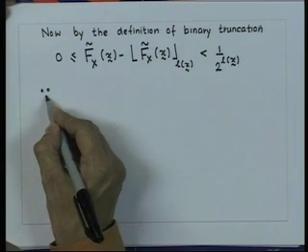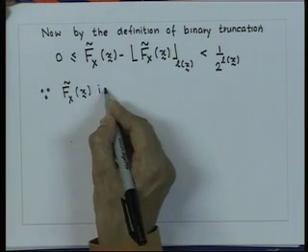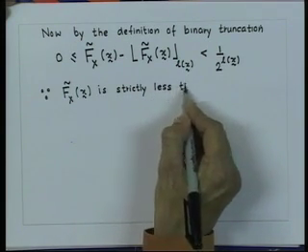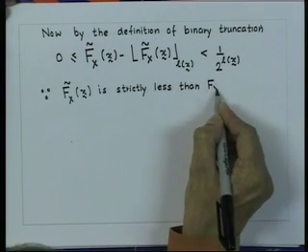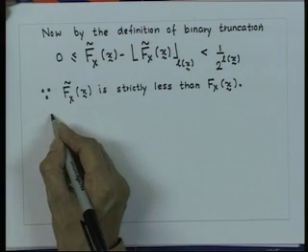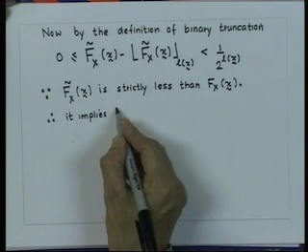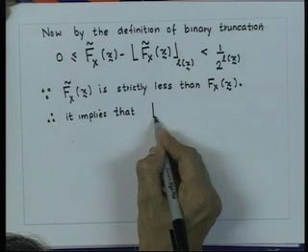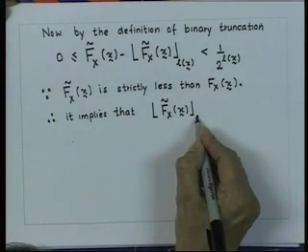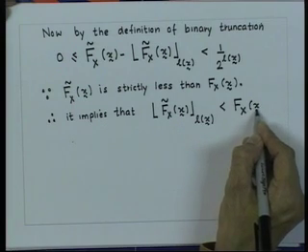Now, because F tilde of x is strictly less than the cumulative distribution function, therefore, it implies that the truncated version of F tilde is less than F of x.